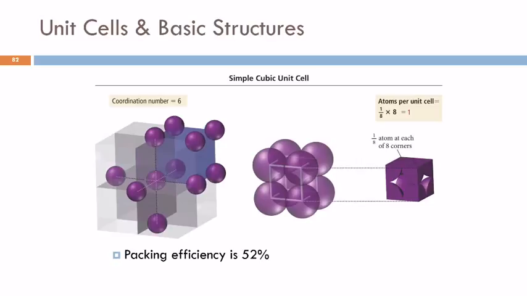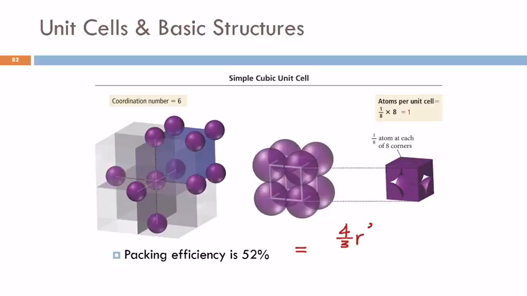The packing efficiency is 52%, and that would be calculated by taking the volume of the cube. Sorry, I started with the bottom. If we wanted to calculate that, the volume occupied by an atom would be the volume of the atom, because it has one atom in it, right?